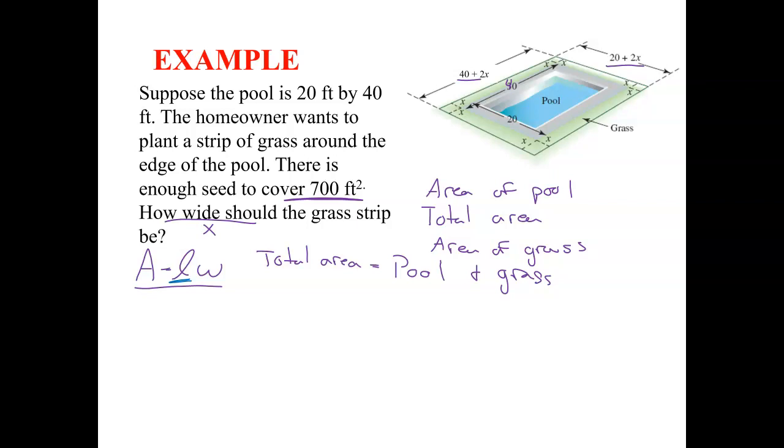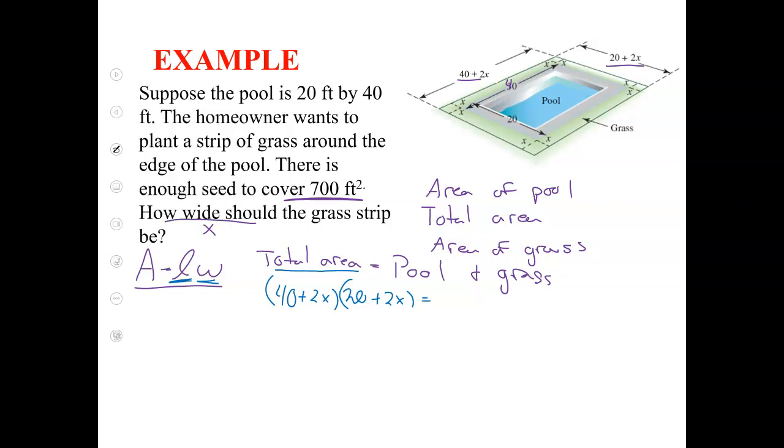So the length of the total area is 40 plus 2x. And what about the width of the total area? 20 plus 2x. So I have this algebraic expression that now represents the total area.